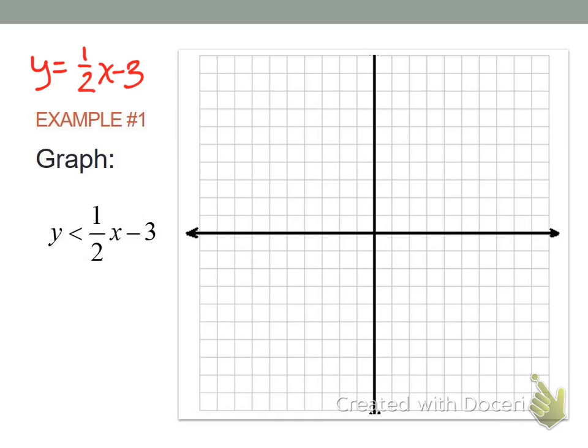So we go to negative 3 on the y-axis. We put a point. From that point, where do we go? Izzy? Up 1 to the right 2. Our slope is 1/2. So from that point, we go up 1, right 2, up 1, right 2. And we can keep doing that.